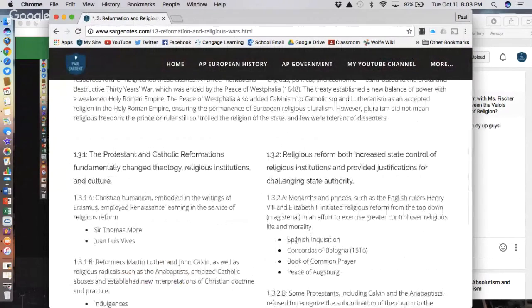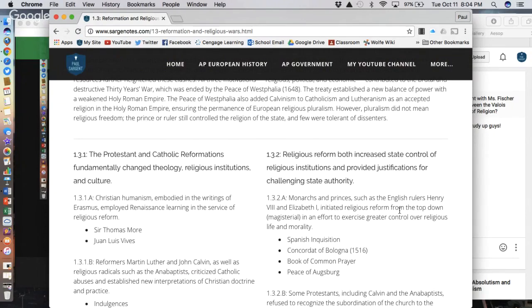Those things that are bulleted like these right here are examples. In other words, they're nothing that's going to be directly tested, but there are things which you could use to illustrate an idea. So, for example, here, monarchs and princes such as the English rulers Henry VIII and Elizabeth I. Well, they're named here, so those names are very important.